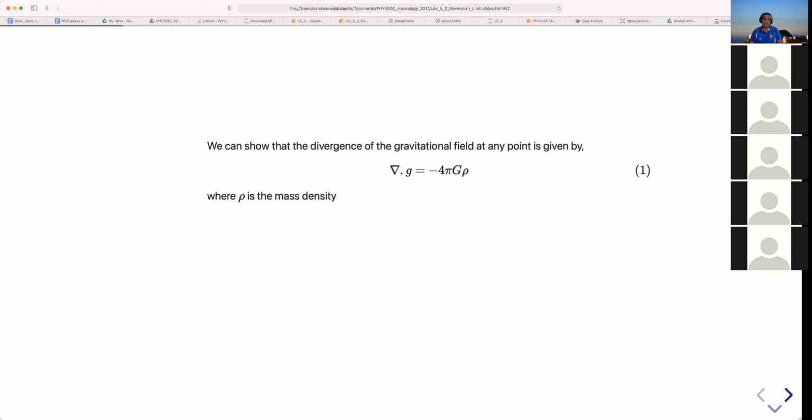Now, to start with, we can show that the divergence of a gravitational field at any point is given by this particular equation. So I guess some of you may have heard about this equation as well. This is the divergence of the gravitational field, grad dot G, right? And that's actually the definition, right? Grad dot G is the definition of the divergence.